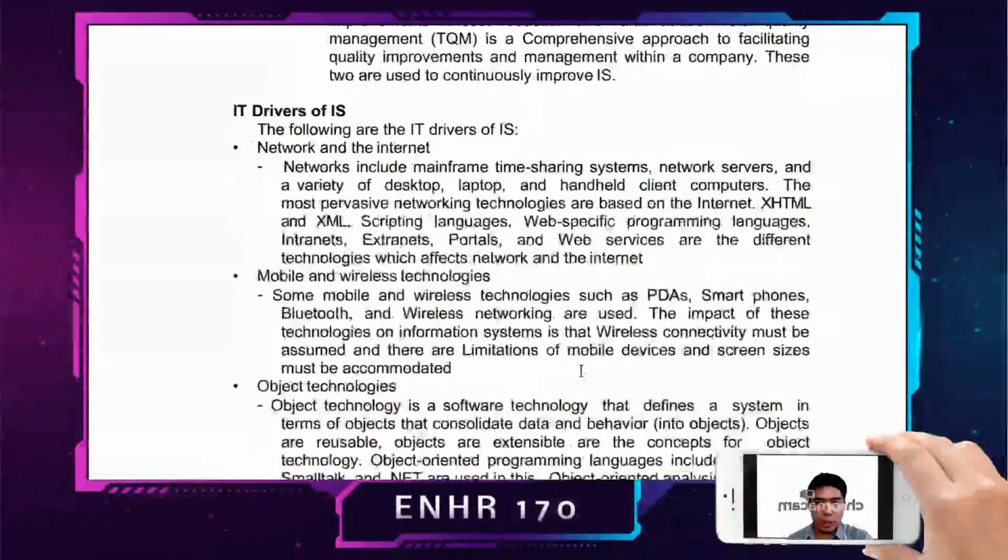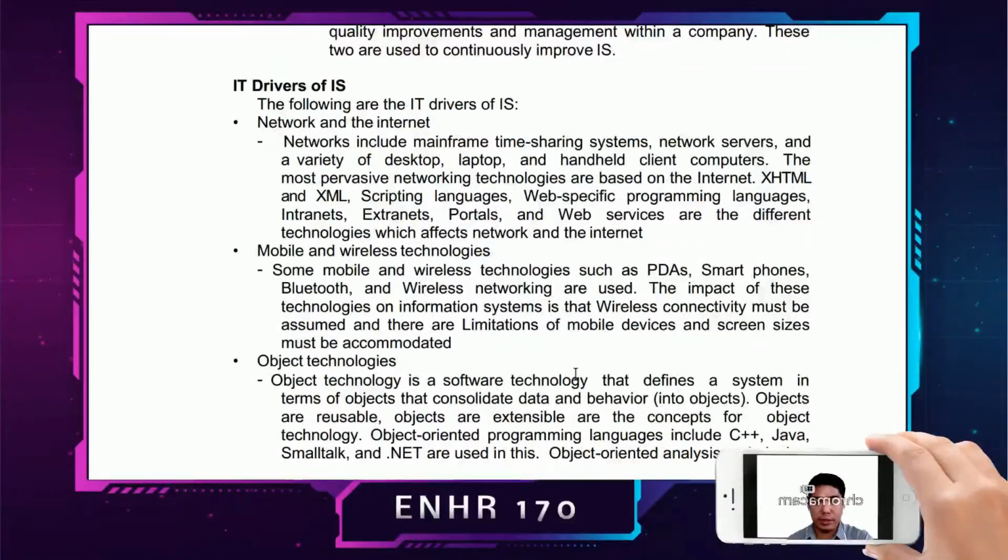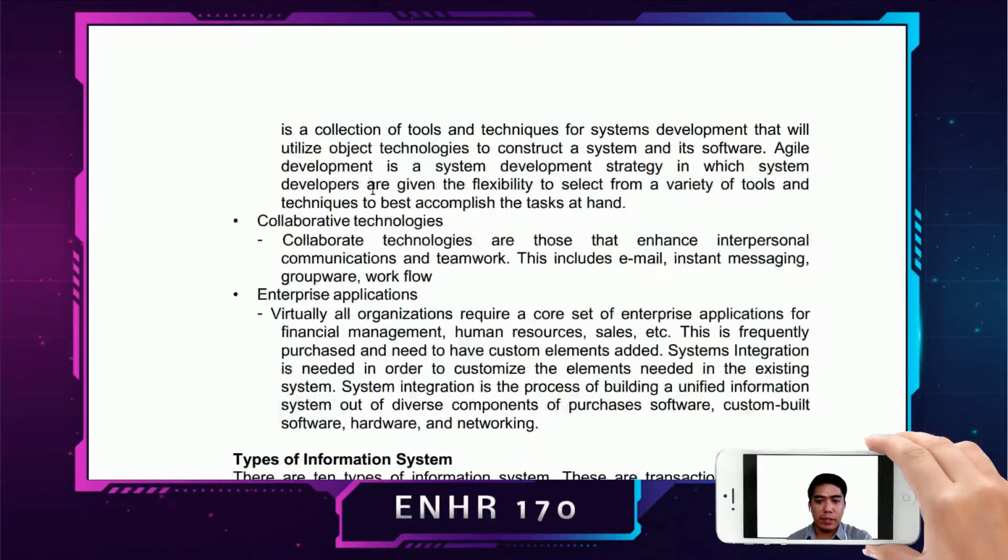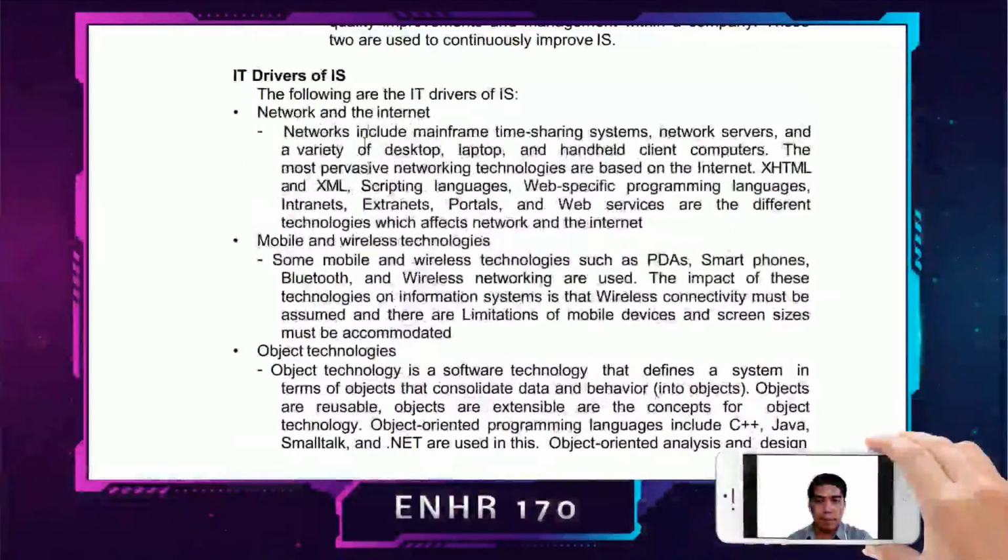Let's also look into the IT drivers of information systems. I don't know these very well, but I just want to highlight that these are the things that affect the implementation of an information system in an organization. We have here networks and the internet. Networks include mainframe time-sharing systems, network servers, and a variety of desktop, laptop, and handheld client computers.